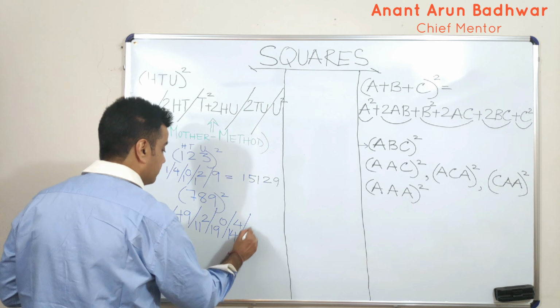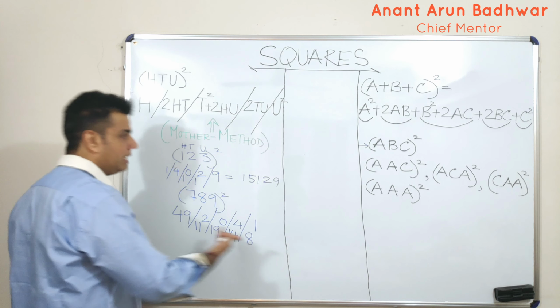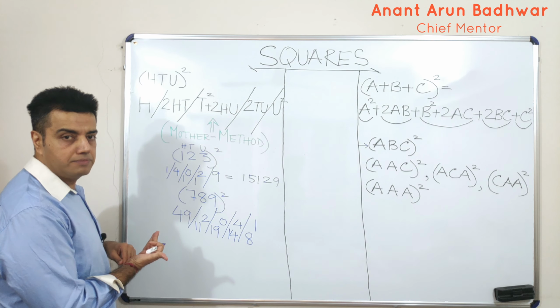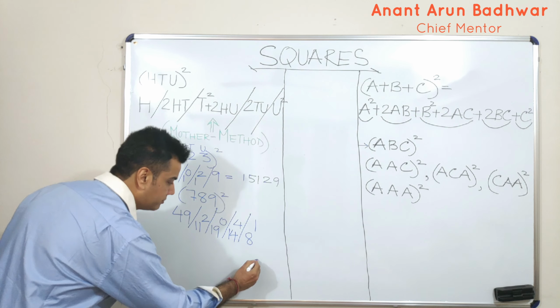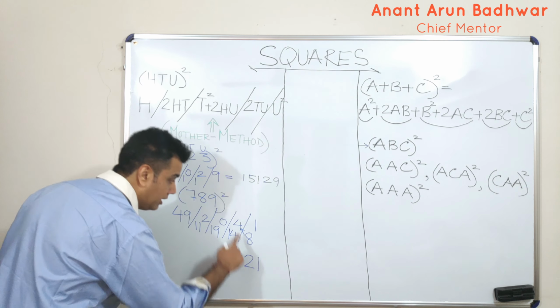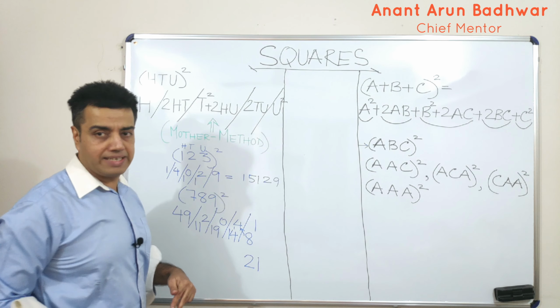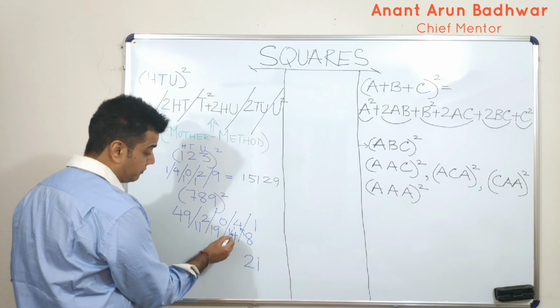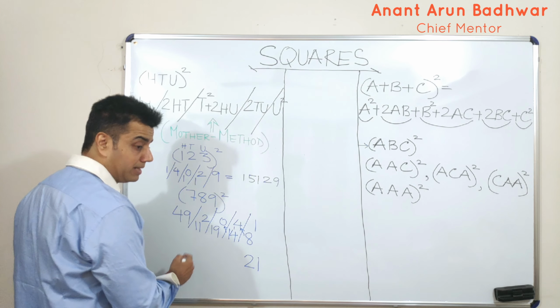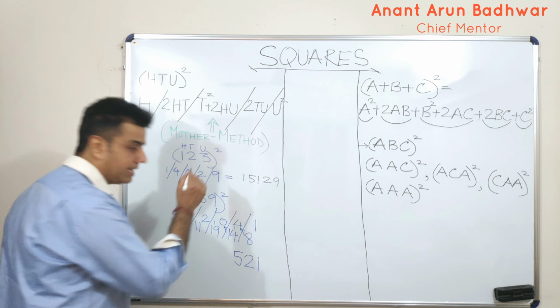Followed by an 81. So for the final answer, I am supposed to come down from the right hand side to the left hand side. Right? So 1 comes down as it is, 8 gets added to 4, which makes it 12. 12's units digit comes down, the tens digit gets carried over. So this becomes how much? 15 plus 0 becomes 15. 15's units digit comes down as such, 1 gets carried over here.